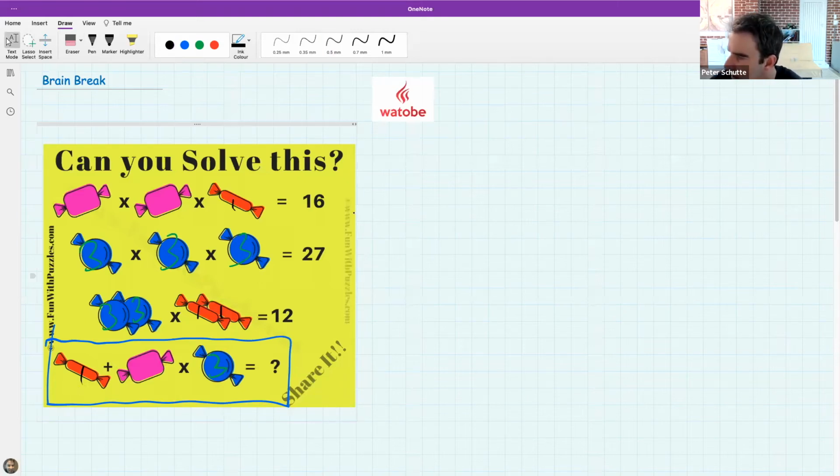And then Loretta said 4 for the pink ones. I agree, because 4 times 4 times 1 gives me 16. So I have that. So what is the final thing going to be? Now, I want to remind you of something very important called BODMAS or PEMDAS.